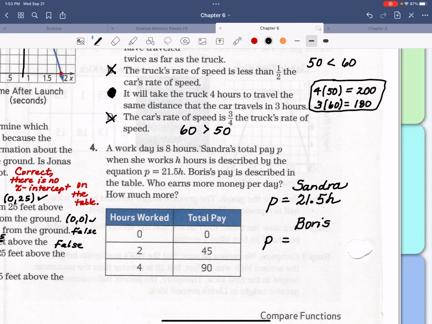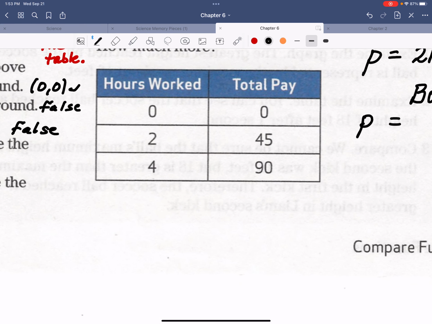So let's figure out our unit rate. If I take the total pay of $45 for 2 hours, so pay divided by hours is 45 divided by 2. I can divide that to get the hourly rate.